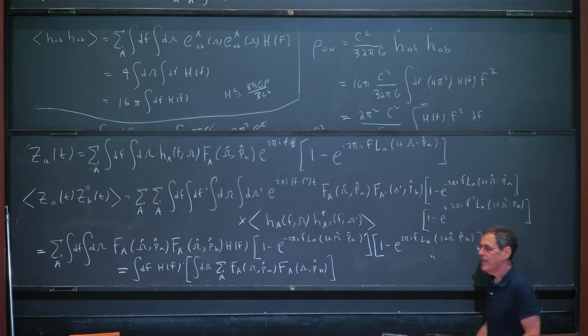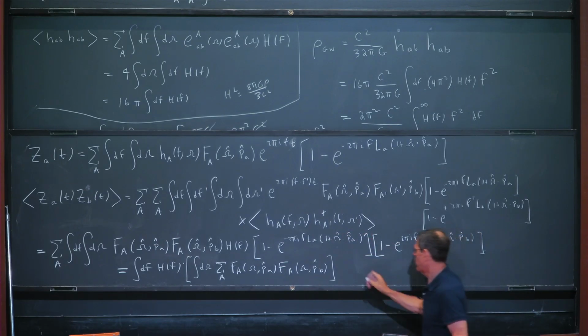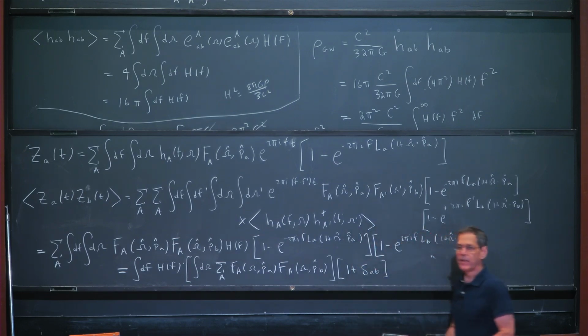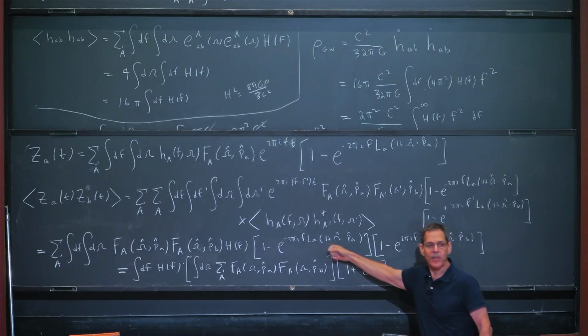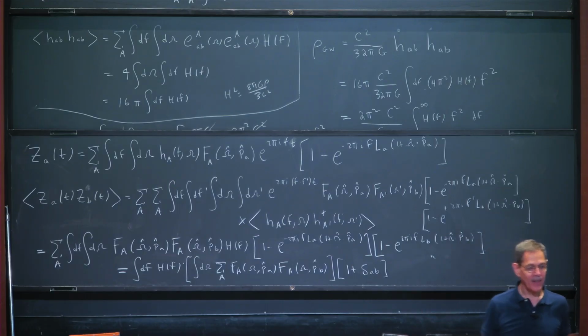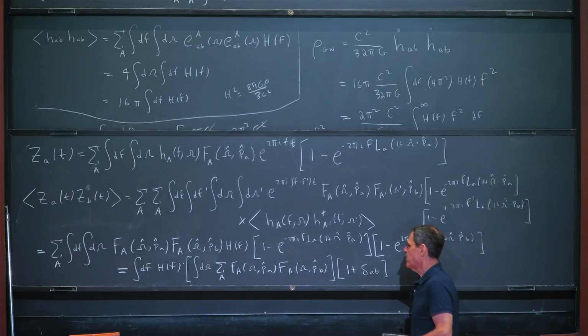And finally, we're going to replace the four terms, the products of this with this, with 1 plus delta AB. The delta AB reflects the fact that the two pulsar terms are correlated exactly in the case where it's the same pulsar, because then you get the autocorrelation of the Earth term and the perfectly equal autocorrelation of the pulsar term. So this doubles the correlation of a pulsar with itself.